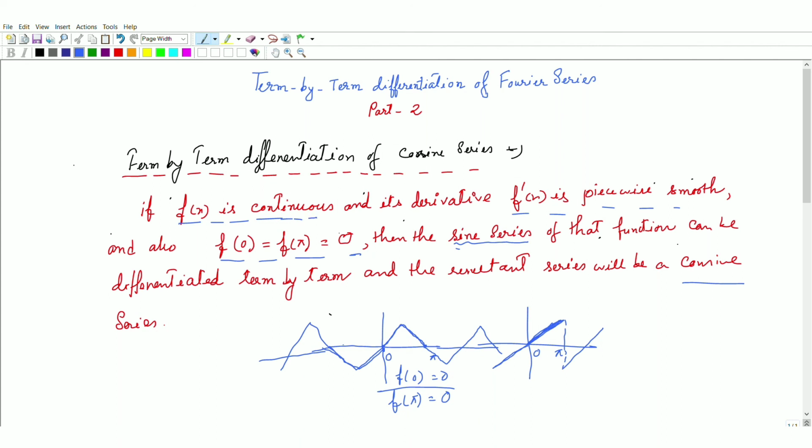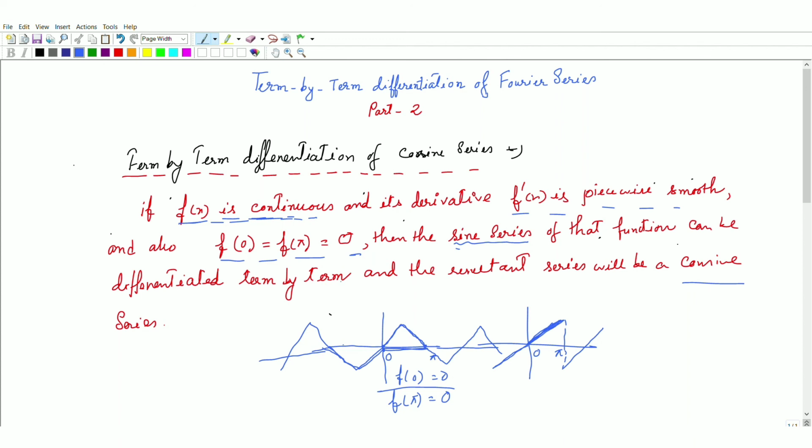The first condition is that the function should be continuous in the given half interval. This is the half interval. So in these two ways we can understand under which conditions a function can be differentiated term by term in half range cosine and half range sine series. So it is clear, I think.